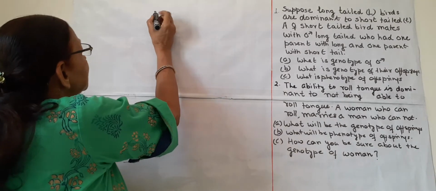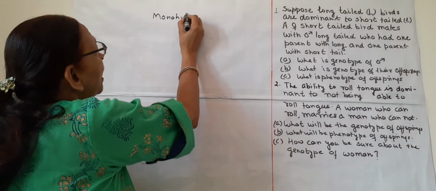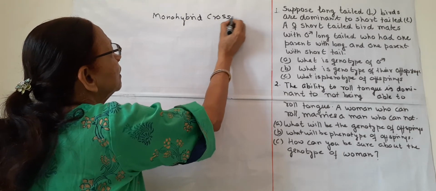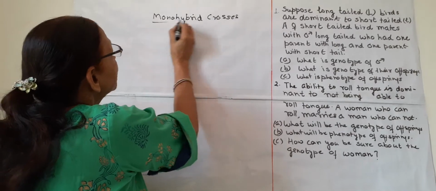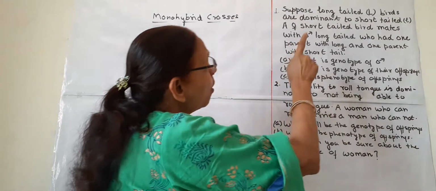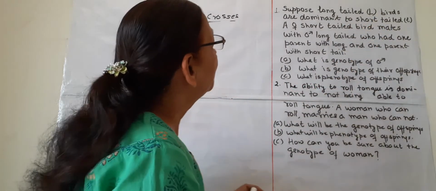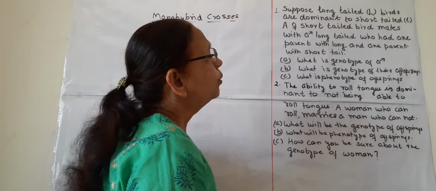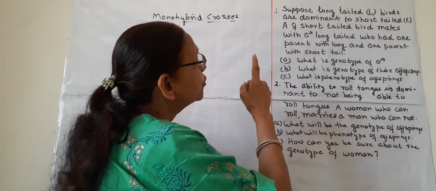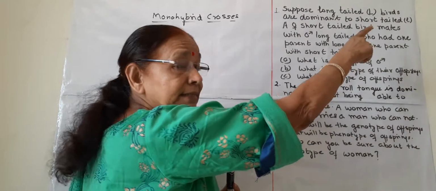So what are these? These are problems on monohybrid crosses. So the first problem is, suppose long-tailed birds, which is represented by capital L, are dominant to short-tailed. A female short-tailed. So short-tailed is recessive.